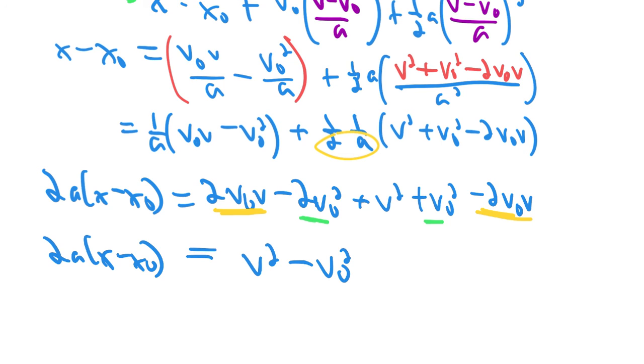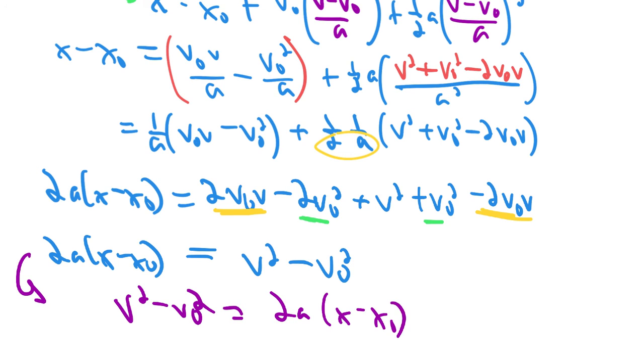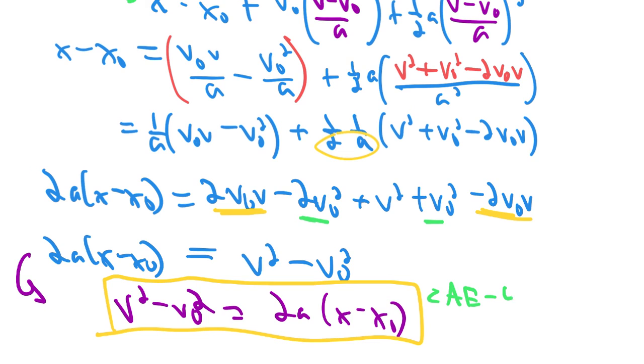It is traditional to write those just reflexively this way, that we get v squared minus v0 squared equals 2a times x minus x0. And this is what is listed as CAE number 5.